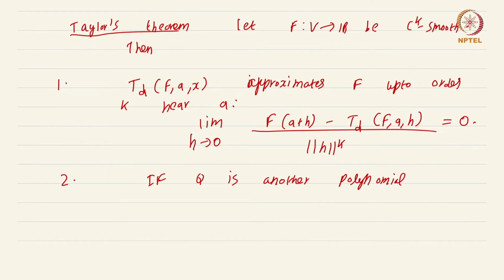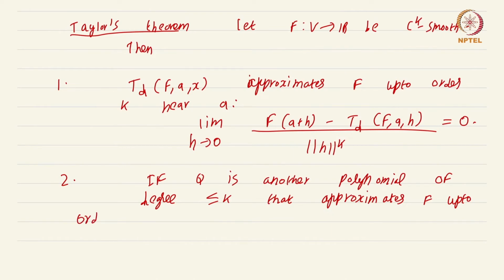Part 2 says if Q is another polynomial of degree less than or equal to k that approximates f up to order k near a, then Q is in fact equal to T, which is T_d f a (x).